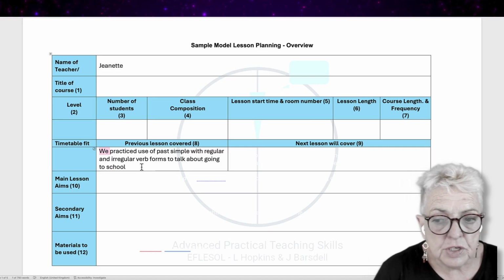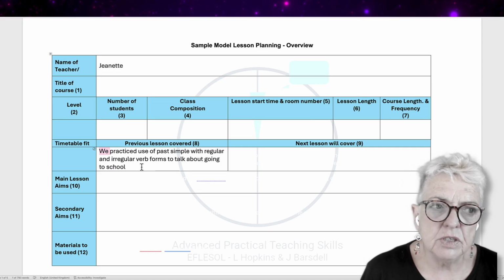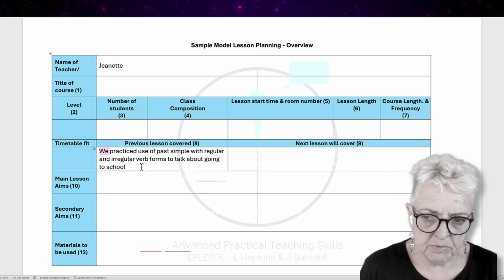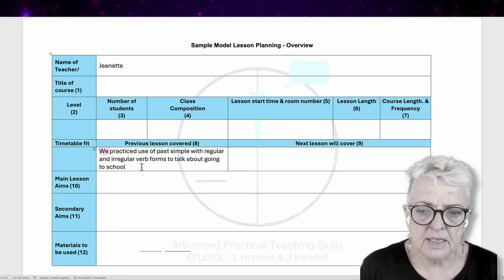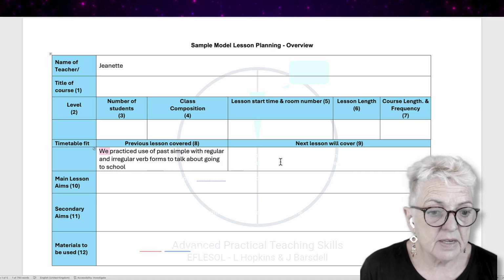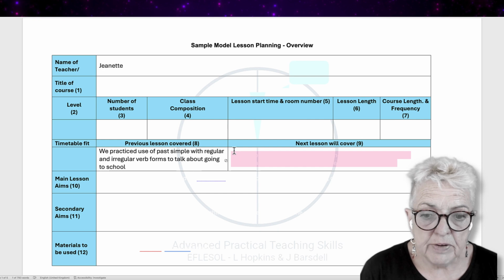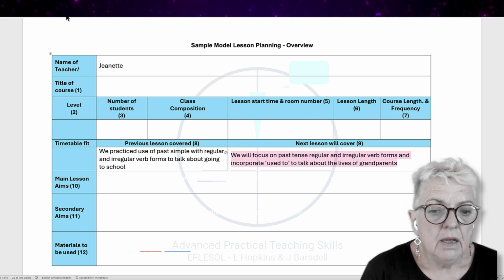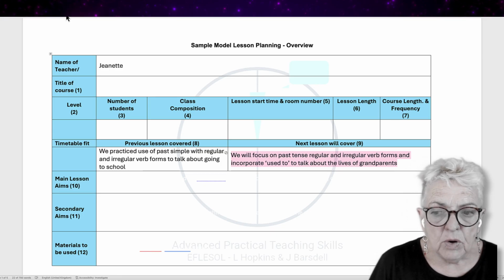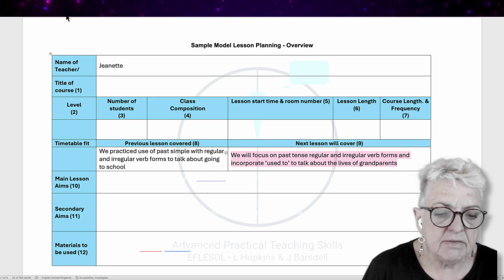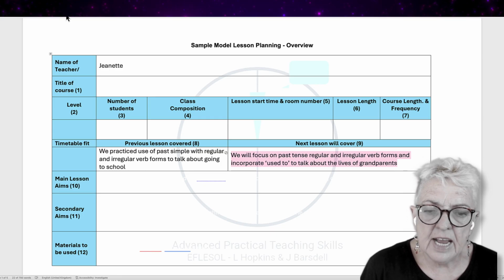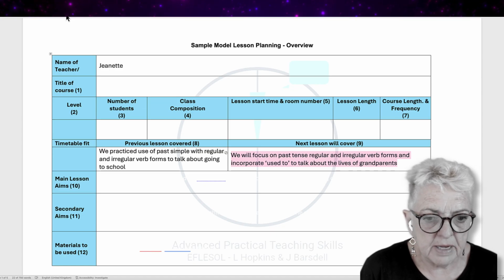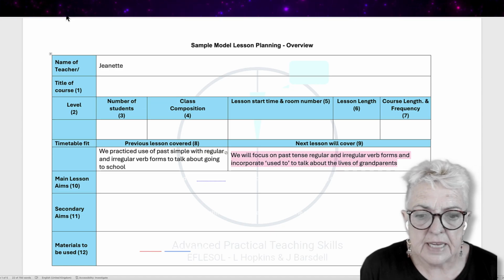If you're going to introduce used to, usually the students are fairly familiar with past simple forms, both regular and to some degree irregular. Moving on from used to, logically would be to incorporate past tense, regular and irregular, and used to together. So to practise the three together.